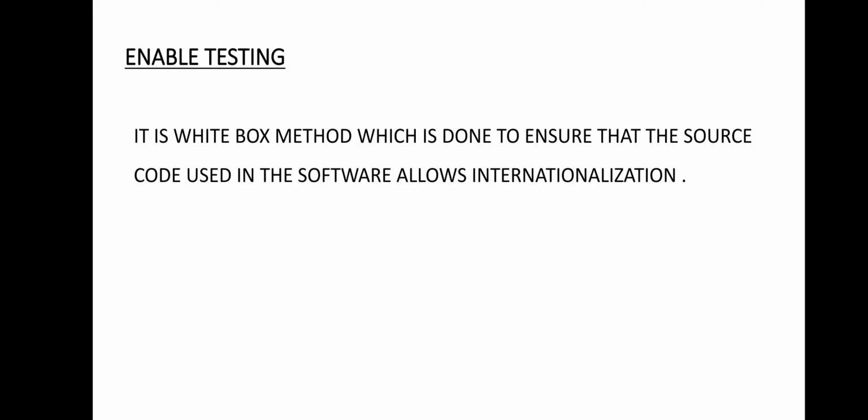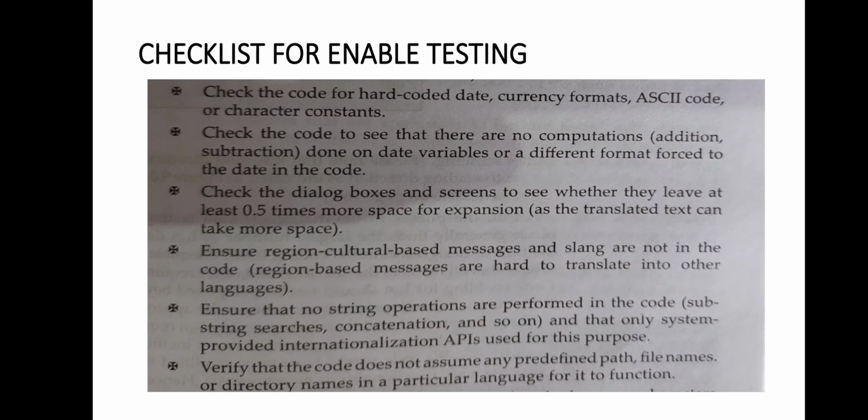You have to ensure that no string operations are performed in the code: string searches, concatenation, these things you have to take care of. You have to verify that the code does not assume any preferred path, file name or directory names. On the next slide, some more points related to this checklist: ensure that adequate size is provided for buffers or variables containing translated messages.